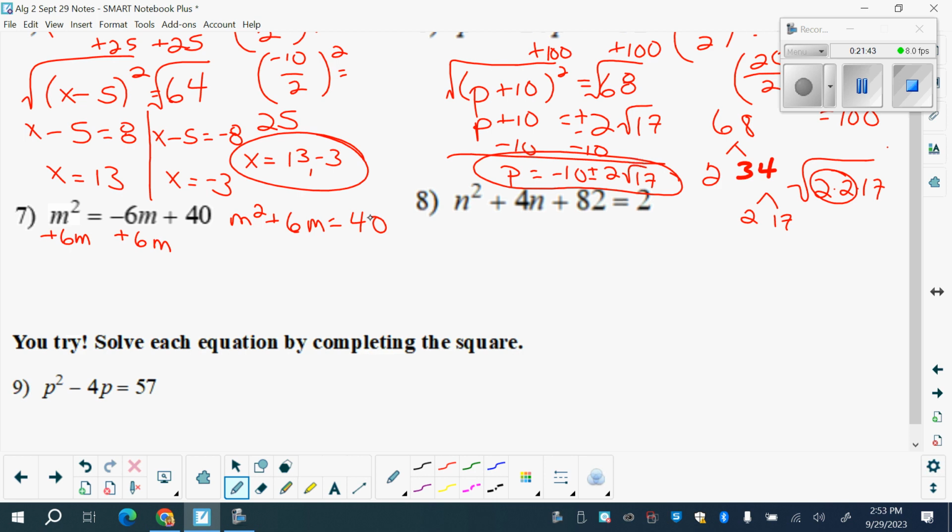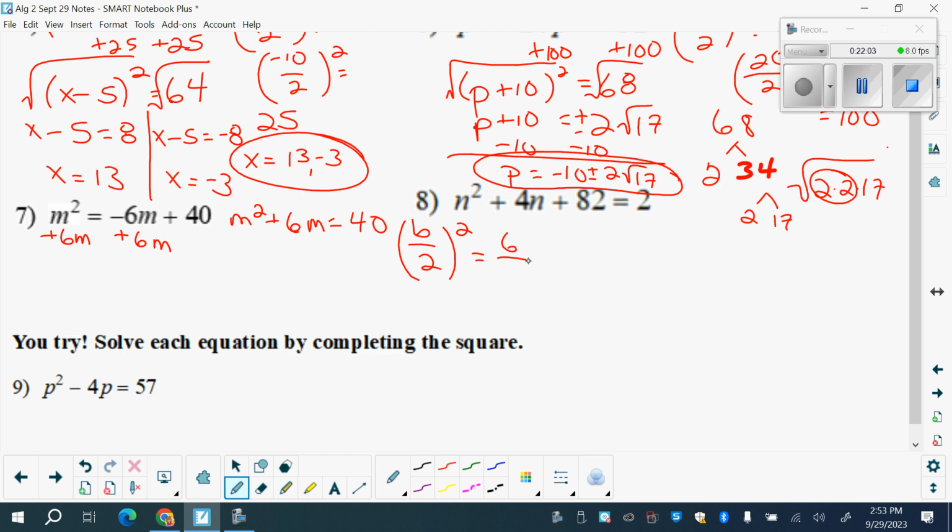So what do we want to add to get a perfect square there? Remember, we're going to take our b and we're going to divide it by 2 and square it. So that is 6.